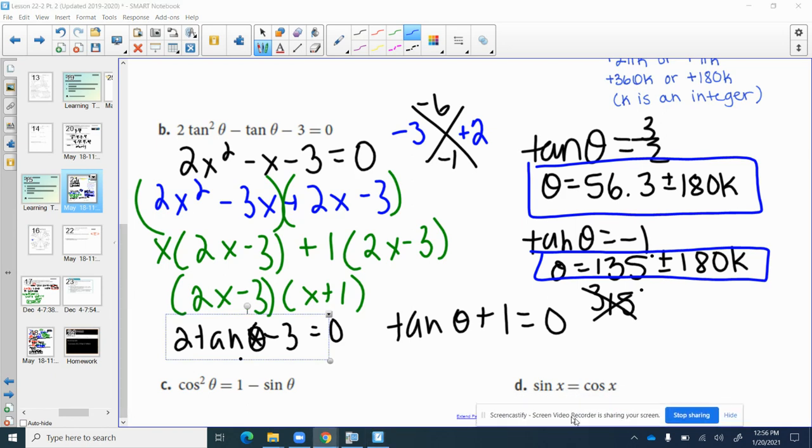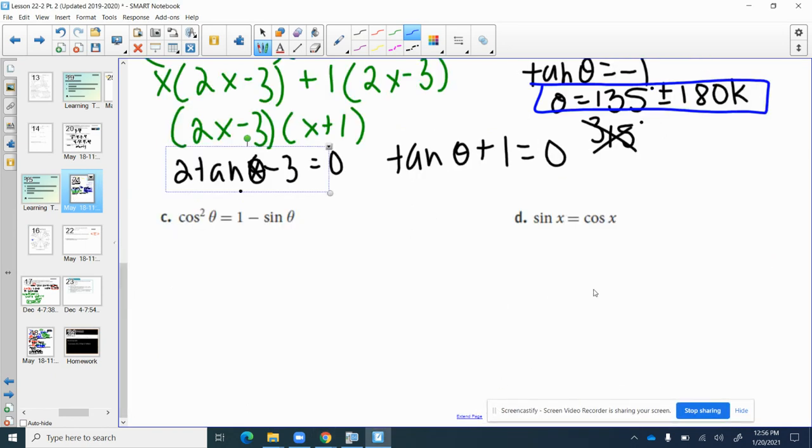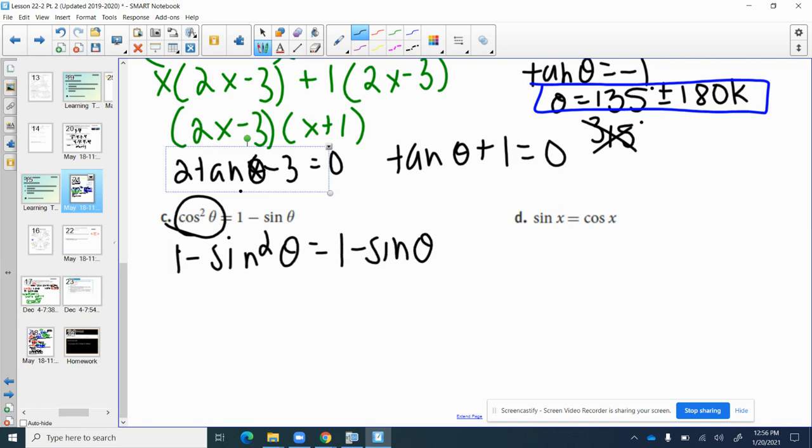All right, last two examples then that we have are examples C and D for this piece. And we talked about before and the other day about substituting 1 minus sine squared for cosine squared, because now everything is in terms of sine. And if we move everything over, we end up with 0 equals sine squared minus sine.